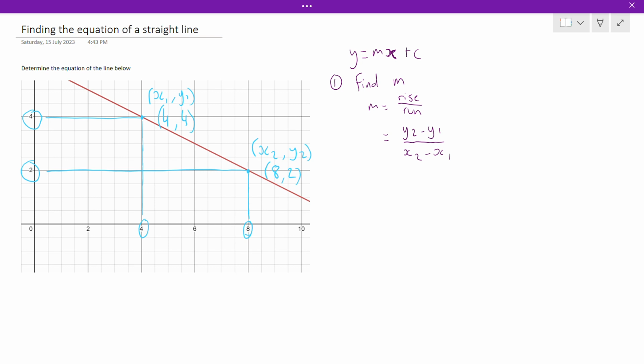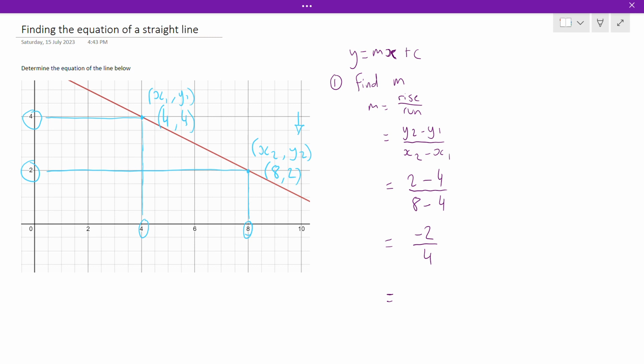Okay, now we can start to substitute some values in. So I'm looking for my y2 value. I'll draw an arrow just for the first one, but my y2 value is just this one here. So y2 is 2 minus y1, which is 4, divided by x2, which is 8, minus x1, which is 4. 2 minus 4 is negative 2, divided by 8 minus 4, which is 4.